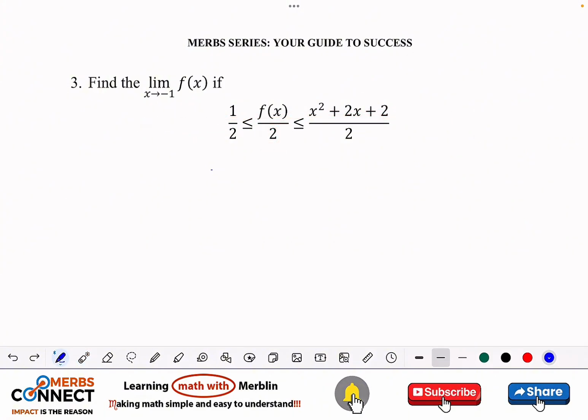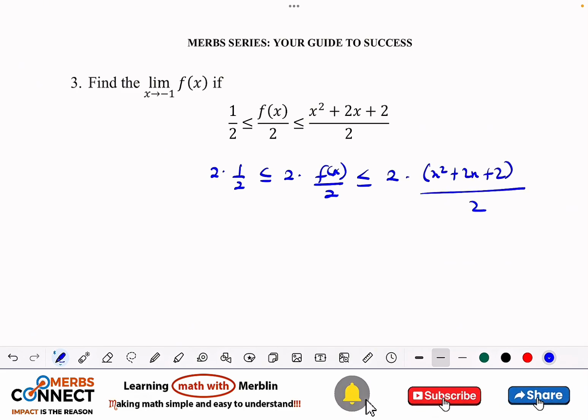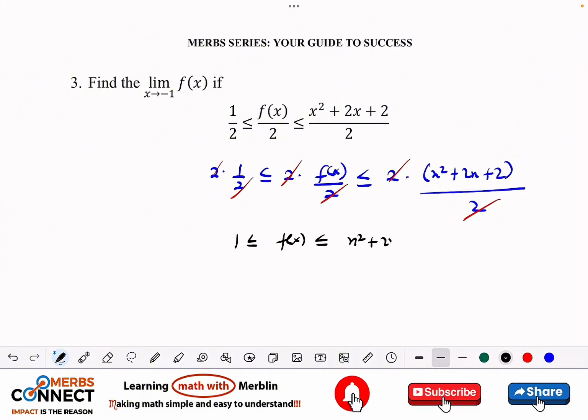So multiply this one by 2, less than or equal to 2 times f of x divided by 2, less than or equal to 2 times x squared plus 2x plus 2 divided by 2. And then this cancels this, this cancels this, this cancels that. So we are going to have 1 less than f of x less than x squared plus 2x plus 2.